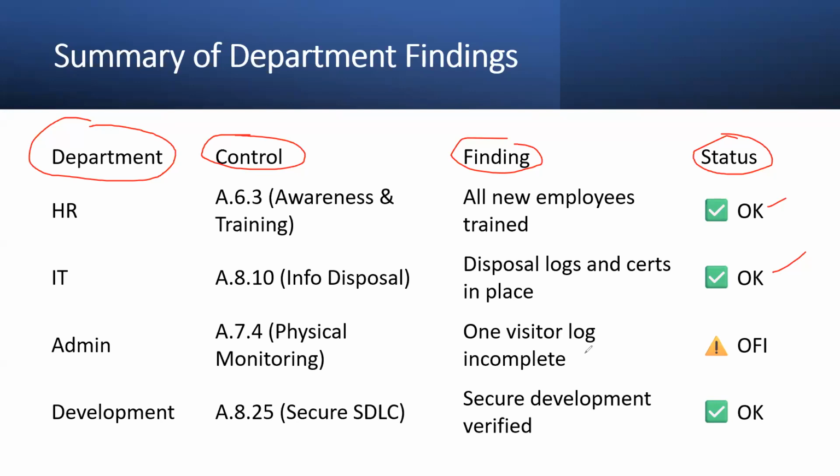Okay, no worries. Next time, don't fall into the same thing. Make sure you are keeping a record of each and everything. Okay, development, control number 8.25, secure SDLC. Secure development has been verified. Yes.